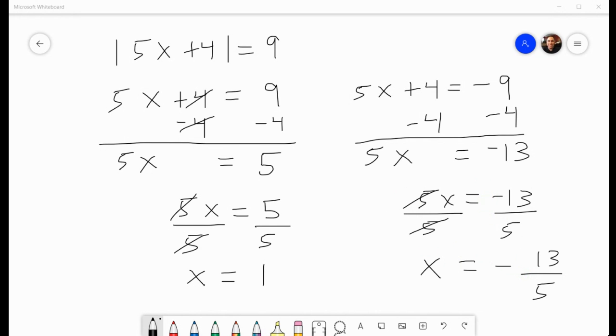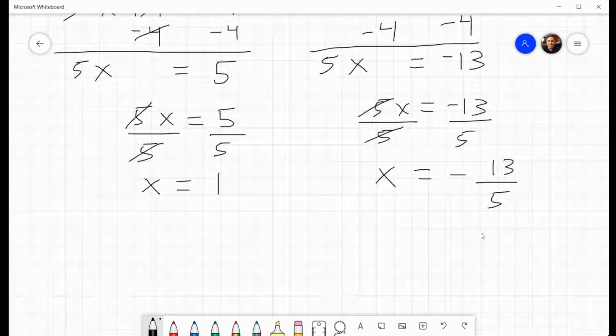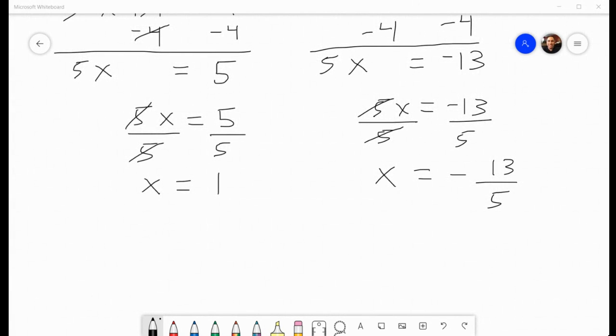Let me just move this up, like so. Now, some people might have you write the solution set this way. I don't think Lumen does this. You have these curly braces, and you list them.